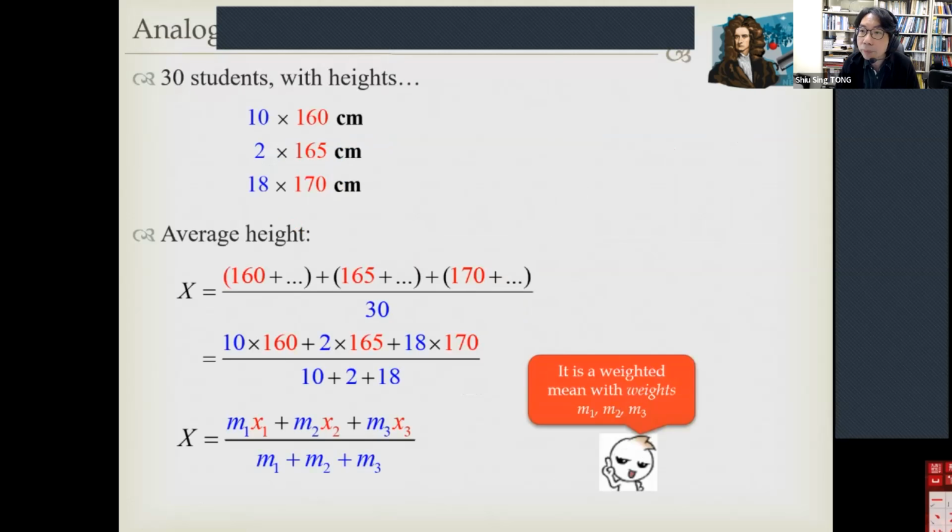Now let me recall a simple example that you might have learned in high school statistics. Suppose we have 30 students, and they have different heights.